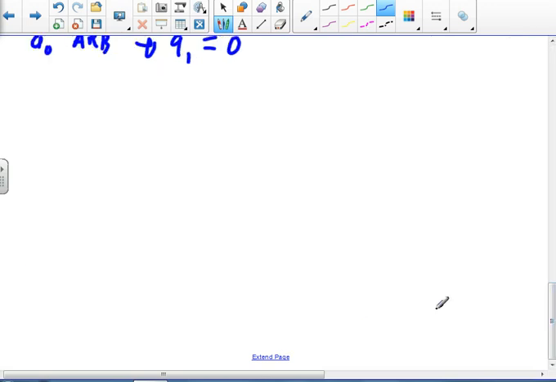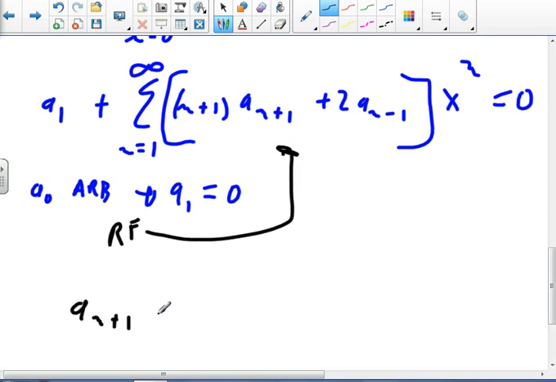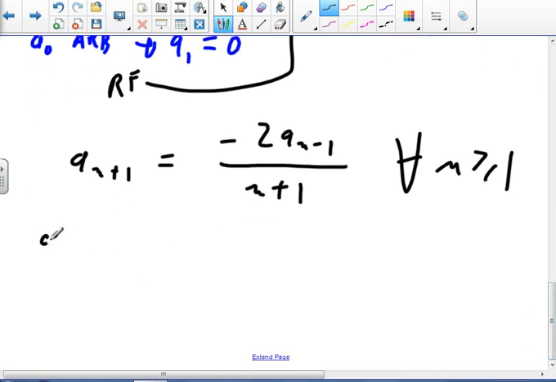I also know from my recurrence formula that a(n plus 1) is going to be equal to minus 2 a(n minus 1) divided by (n plus 1), and that this is true for all n greater than or equal to 1. Because the summation starts at n equal to 1, the recurrence formula has to start at n equal to 1.